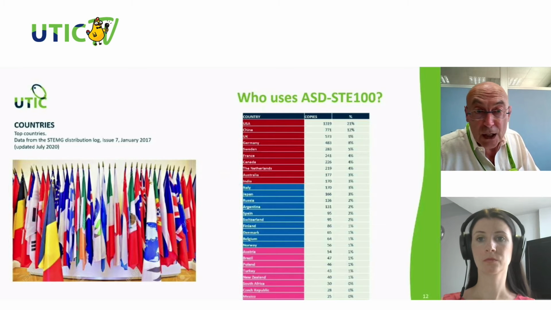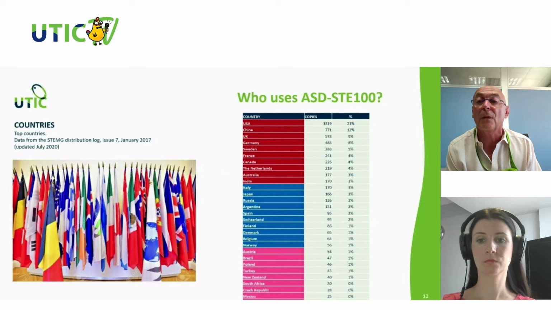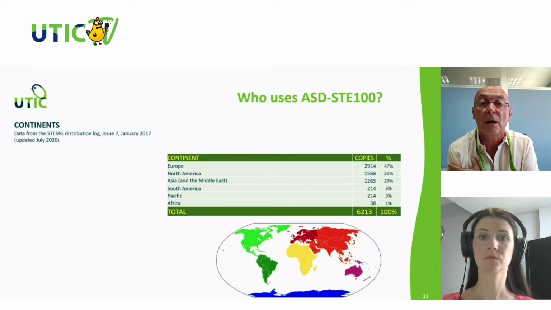And the growth of Asia is linked to the growth of China. So if you can show that, that's it. And we have also Pacific, and then we have South America, and at the end we have Africa.